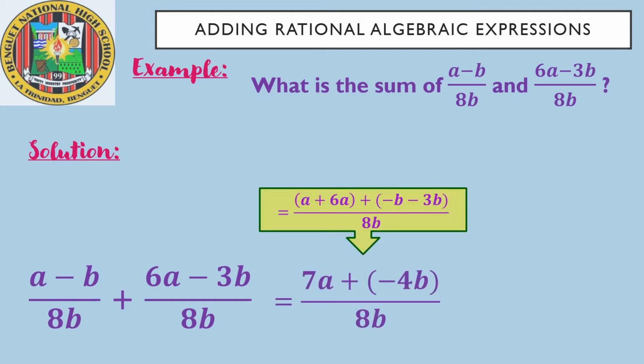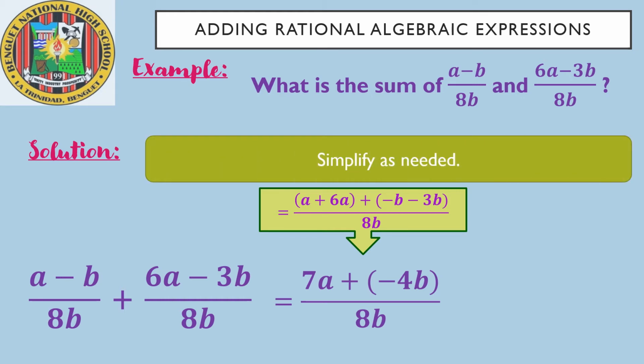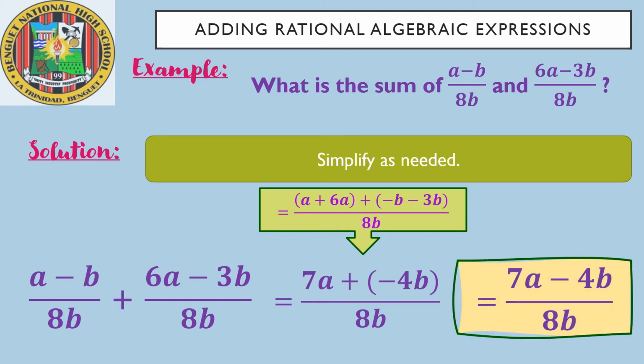Thus, we get the result, which is 7a plus negative 4b over 8b. As the final step, we simplify the expression as needed. But since the numerator 7a plus negative 4b and the denominator 8b do not have any common terms, we just rewrite the double signs to simply have 7a minus 4b over 8b as our final answer.